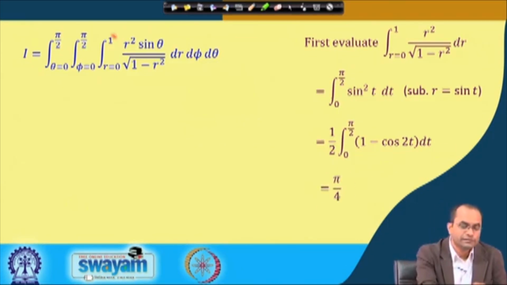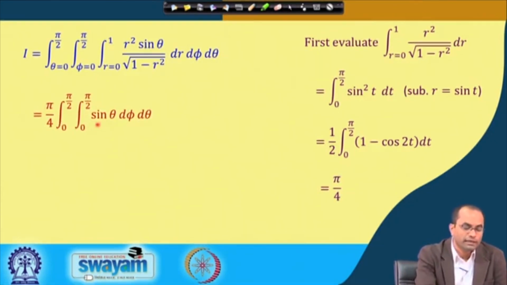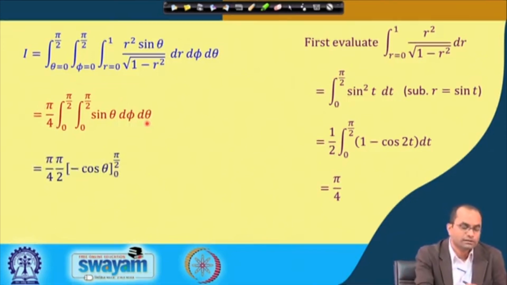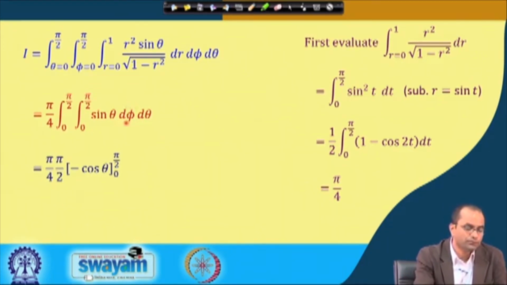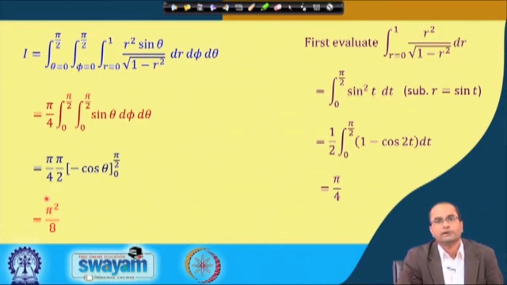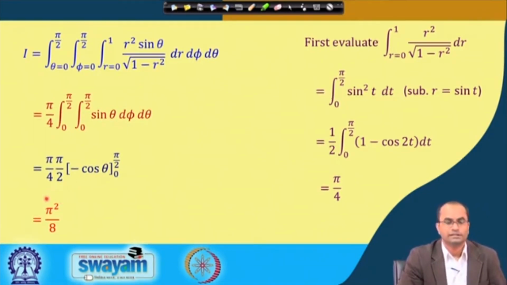So, the value of the inner integral is pi by 4, and then we have sin theta d phi d theta. Again d phi will give us pi by 2, and then for the outer one, the integral of sin theta is minus cos theta from 0 to pi by 2. So, we will get pi square by 8, the value of this integral.